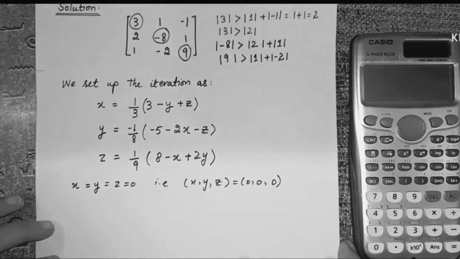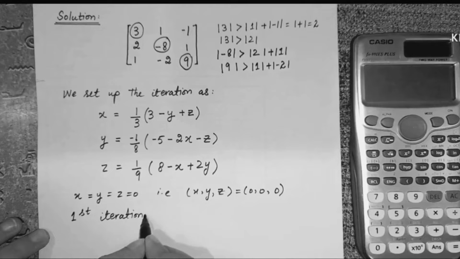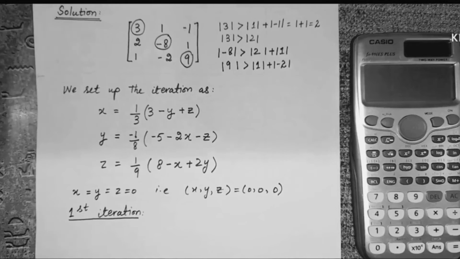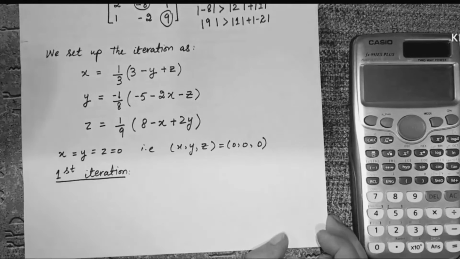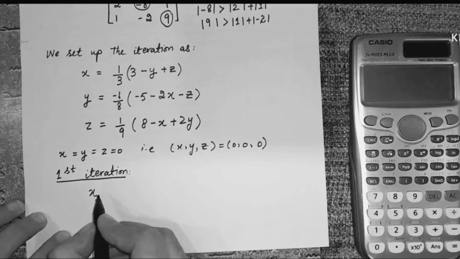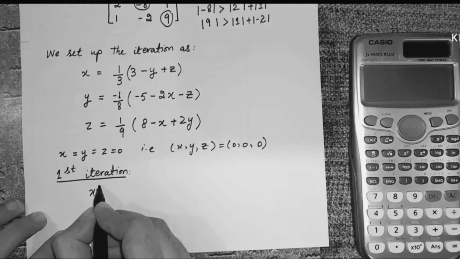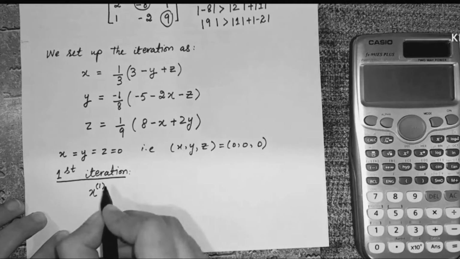So now the first iteration. Let's write x with a subscript, just to show that this is the value we get after the first iteration.